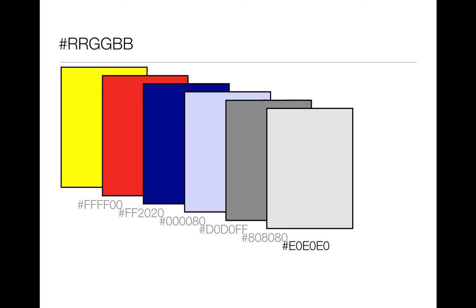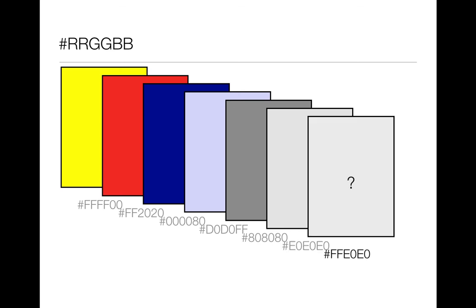Here we have E0, E0, E0, which is a light shade of grey. So what might this be? FF, E0, E0. Man at the edge of the seat there. What do you think this might be? No, you there. What do you think this might be? Bear in mind now that E0, E0, E0 is that very light grey.